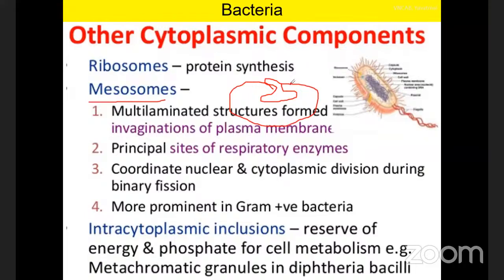Here you can see the mesosome is a folded plasma membrane. It acts like a mitochondrion, as it has respiratory enzymes. These are most prominent in gram-positive bacteria. These are intracytoplasmic inclusions. This goes inside the cytoplasm, it enters into the cytoplasm.